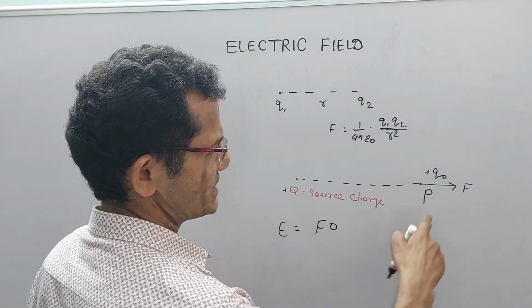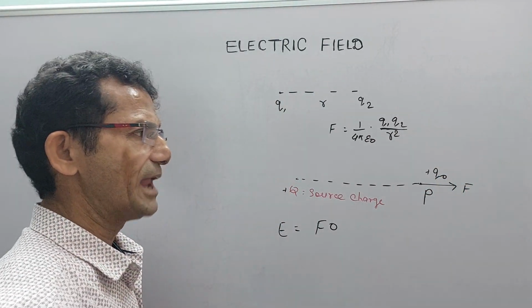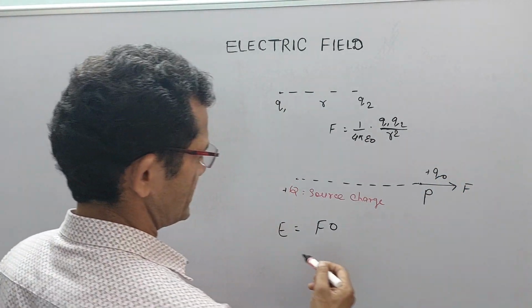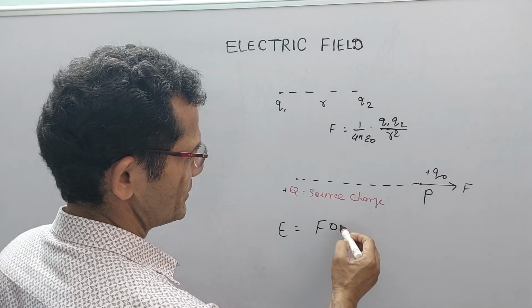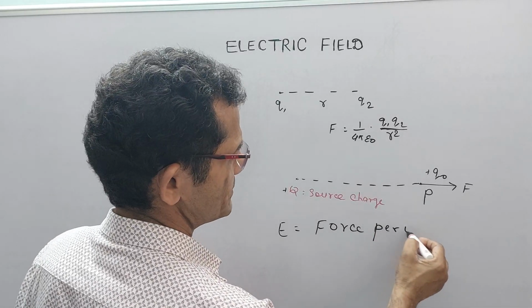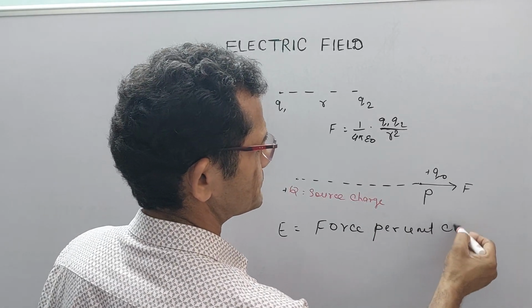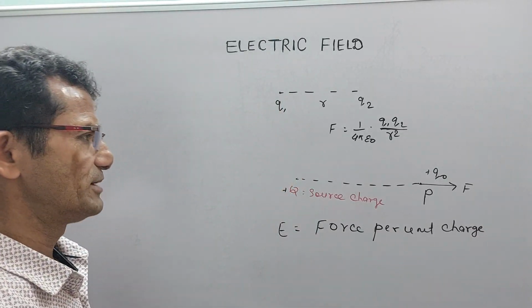If I put the value of Q naught as unity, then the electric field at the point P is the force per unit charge, known as the electric field at the point P.